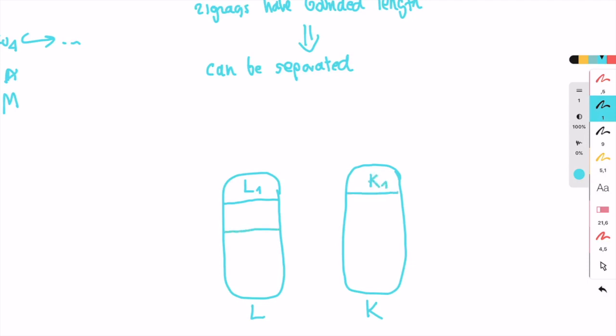L2 means you can do a zigzag of length 2, but not of length 3. So maybe there's like a zigzag which looks like this. You start here, you'd go to K1, that's fine. But that's the longest zigzag, a zigzag of length 2 that you can have. And we continue like this.